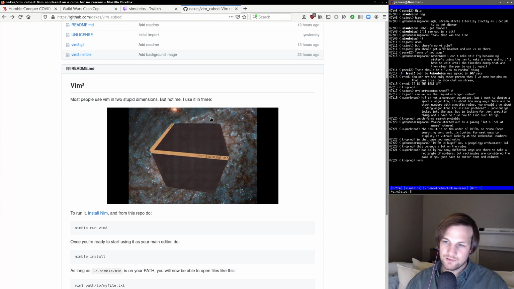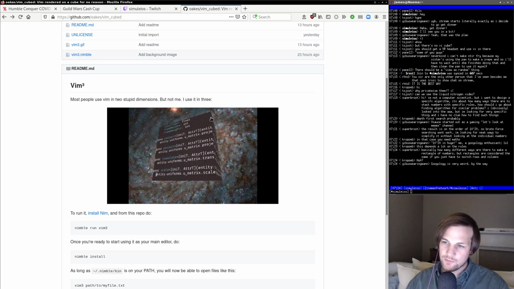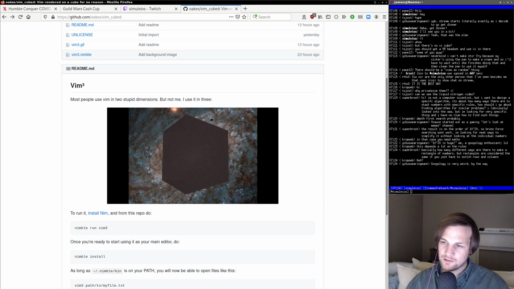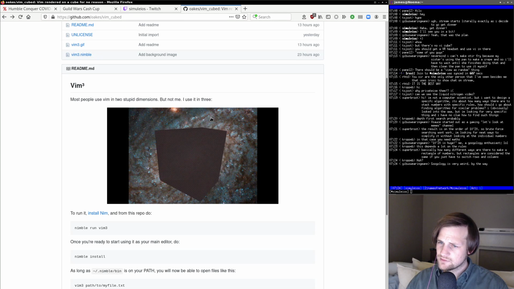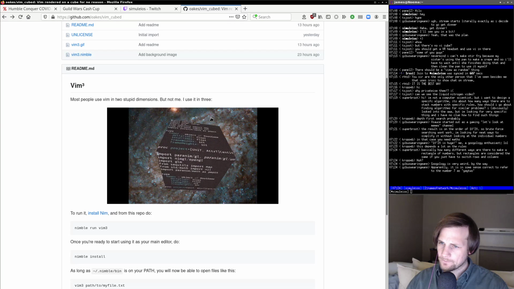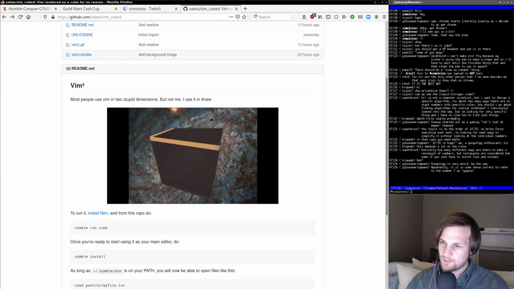Basically, how many different ways are there to make a rectangle of numbers, but rectangles are considered the same if you just have to switch rows and columns. I'm also not quite sure what you're talking about here.